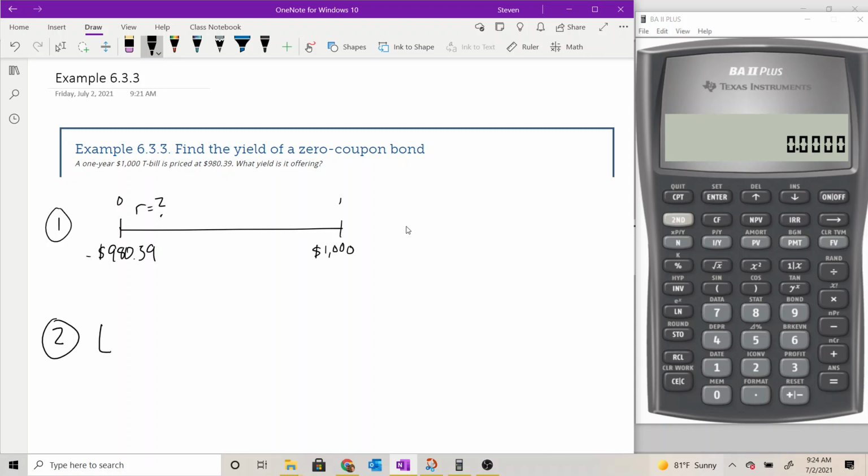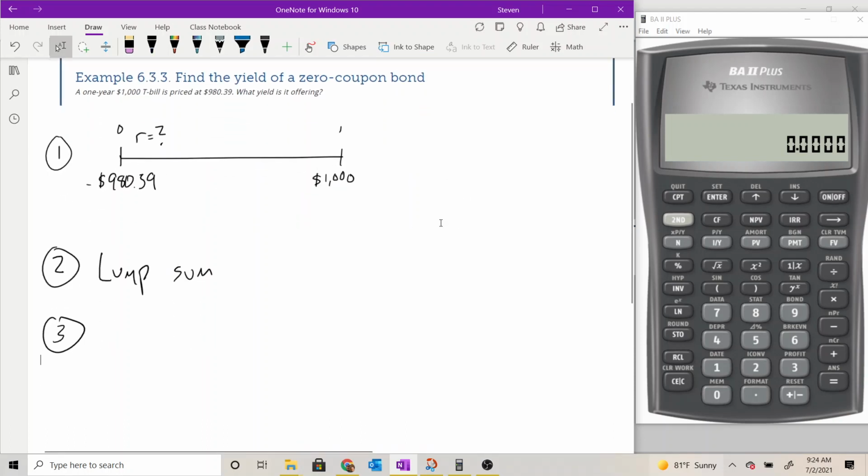So we've got a lump sum cash flow, which means we can use the present value or future value of a lump sum formula. We can use the time value of money keys on our financial calculator, or we can use the spreadsheet. We will set up the formula here just so we can see what's going on, and then we'll actually solve it using the calculator. No reason you have to do both. I think just seeing the formulas for this one helps build the intuition for what's going on here.